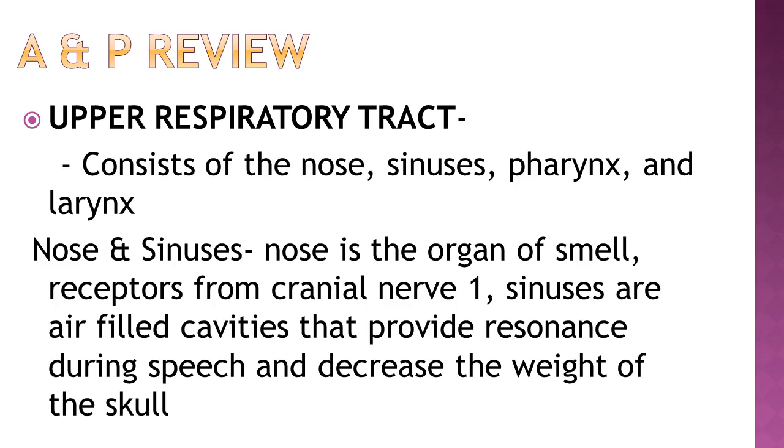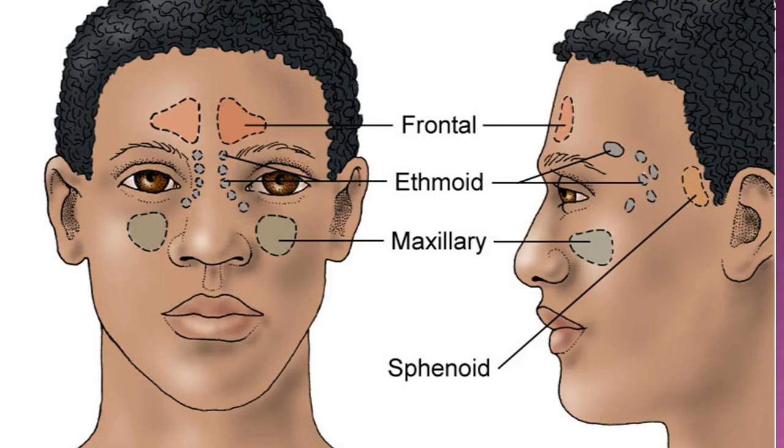And again, just a little A&P review to go over the different structures when we talk about the upper respiratory tract. And remember how important the nose and sinuses are, because that is where we take in that first breath of atmospheric air to hopefully reach the lungs and the alveoli, where the exchange of gases occurs.